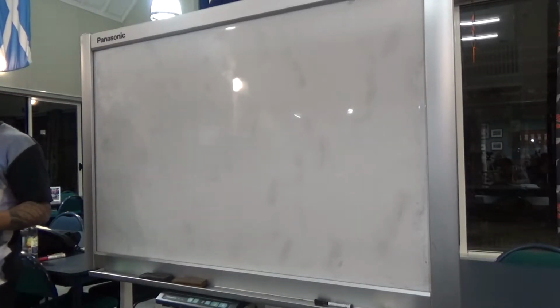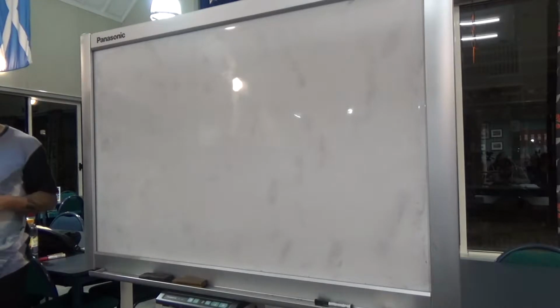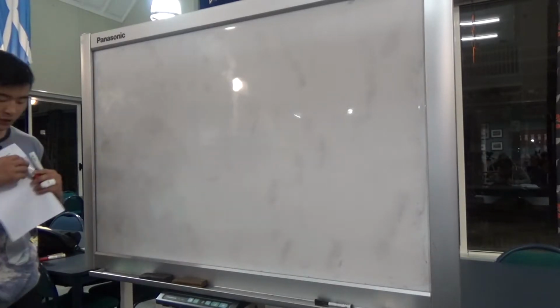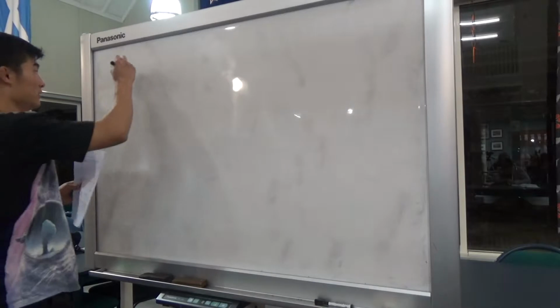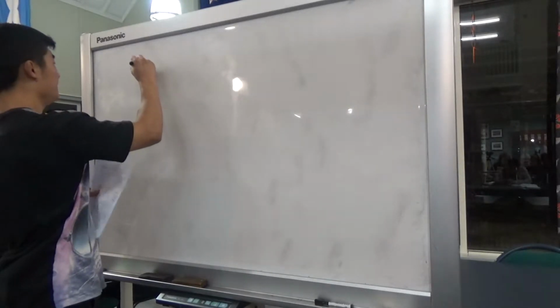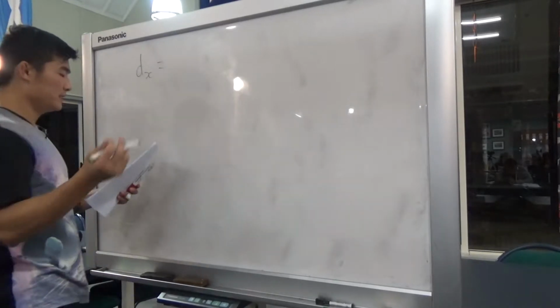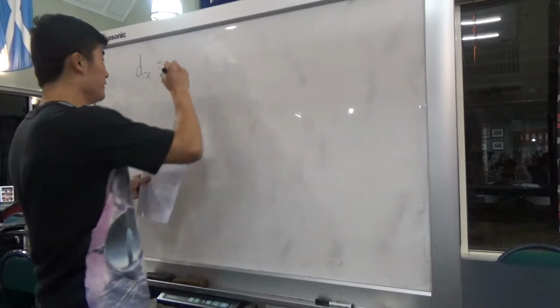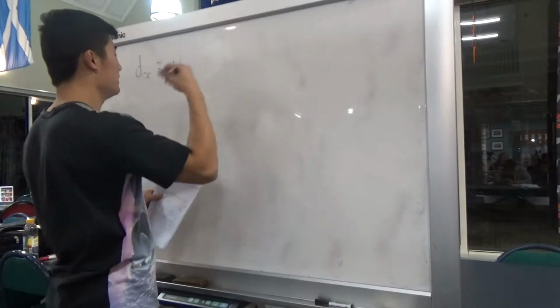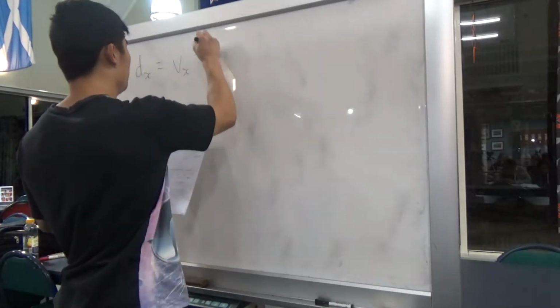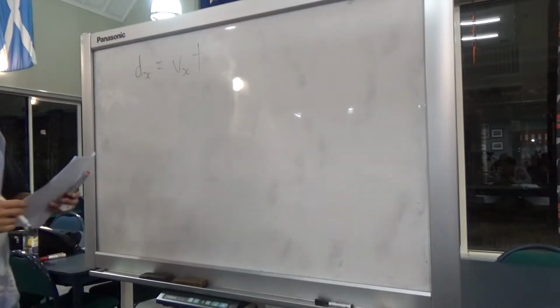So we want to find out the horizontal distance that it will travel. So horizontal is the x-axis, so dx. The equation for that is equal to the velocity in the x-axis, in the horizontal direction, multiplied by the time that it's going for.